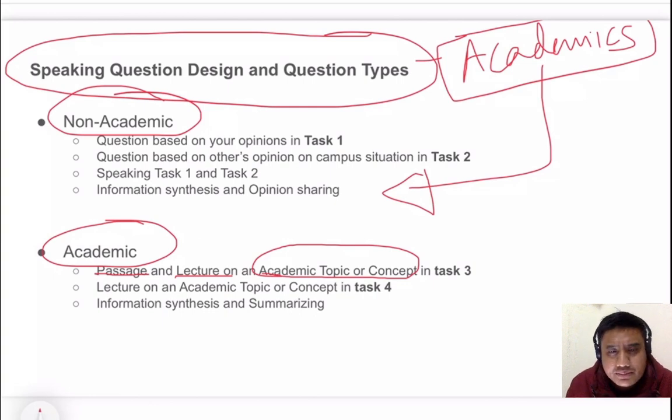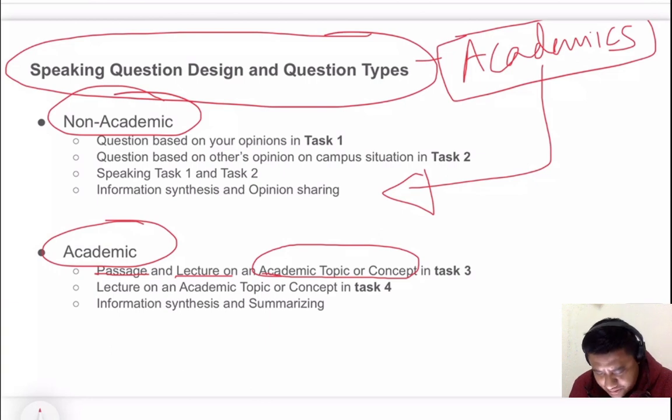Any topic. But please remember that the content you'll be dealing with will not be very difficult or specialized. It would be something that somebody at an undergraduate or graduate level can easily understand.